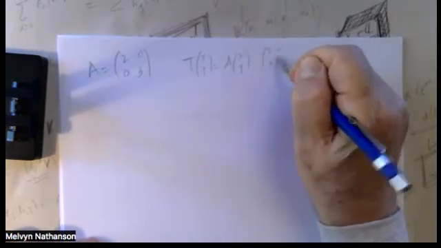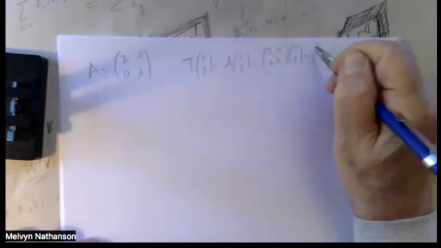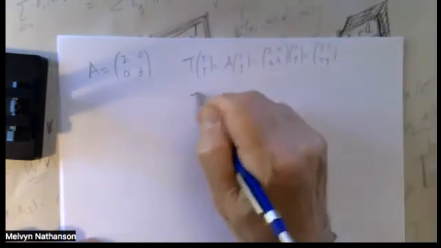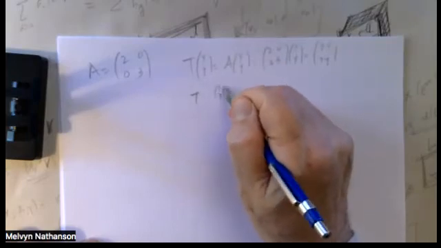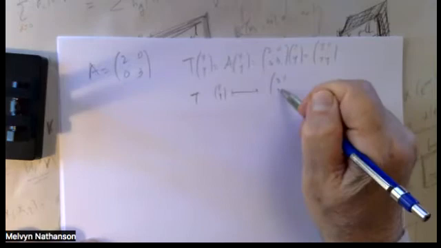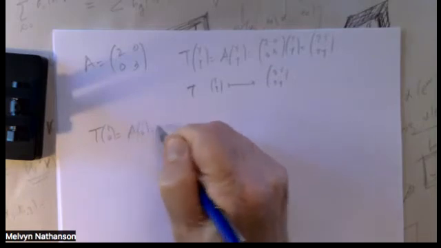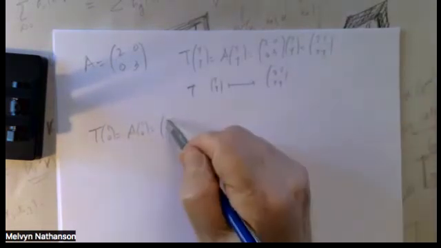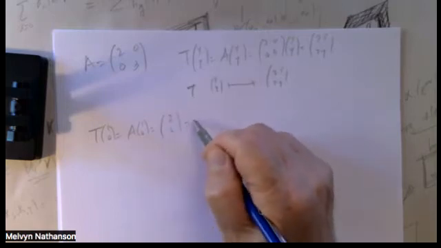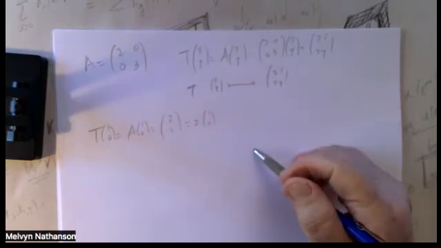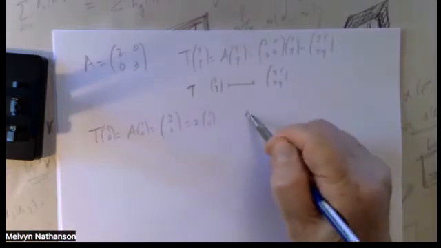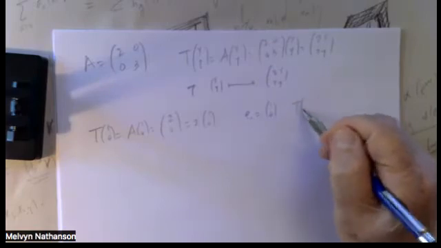So that's 2, 0, 0, 3 applied to (x, y). That's (2x, 3y). So T sends the vector (x, y) to the vector (2x, 3y). And if you look at this for a second, you can see if you apply T to the vector (1, 0), that's A of (1, 0). When x is 1 and y is 0, this is (2, 0). (2, 0) is 2 times (1, 0). All right, now that's clear. 2 times 1 is 2. So if E1 is the vector (1, 0), T of E1 is 2E1.